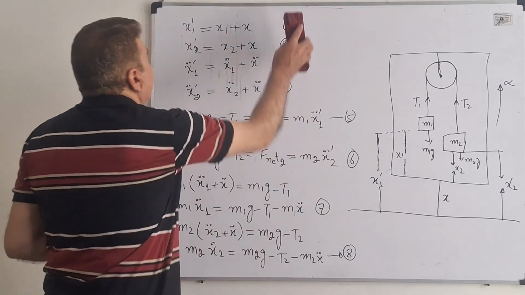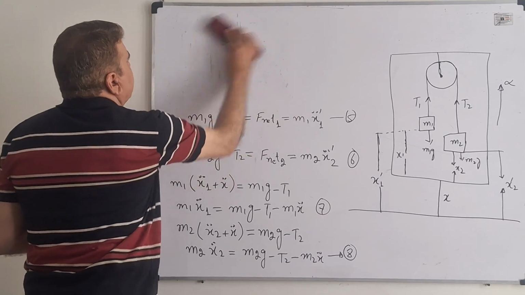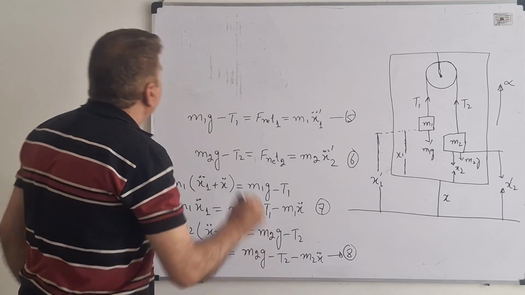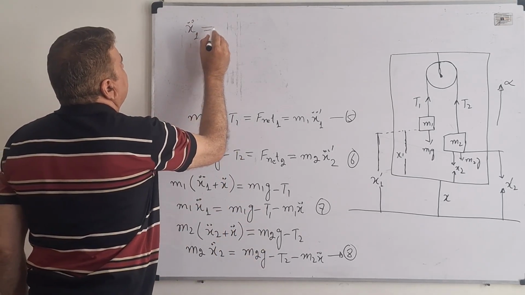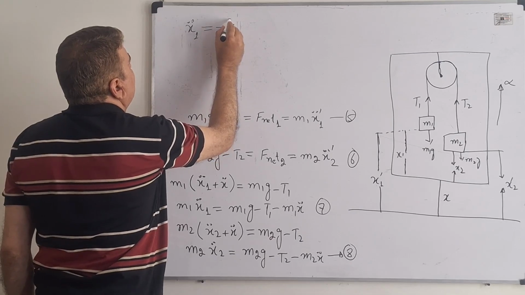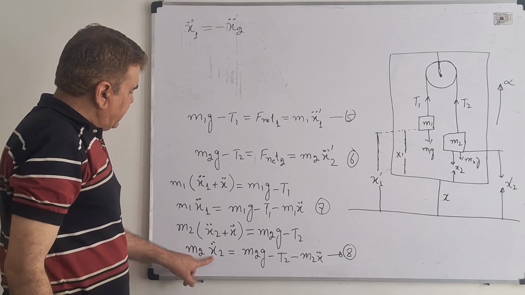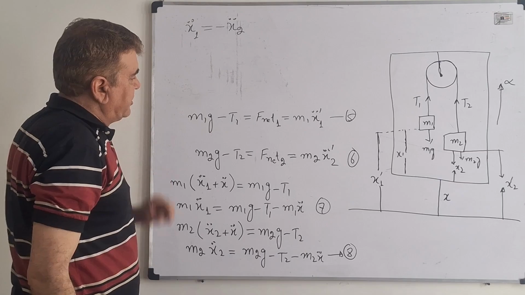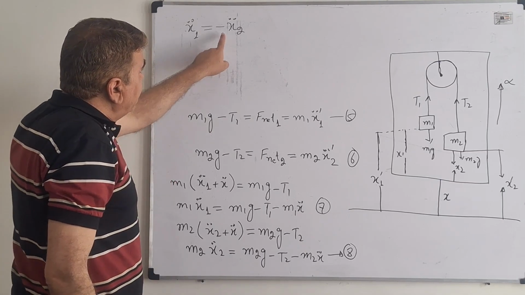Therefore, I can write a relation between these two: x double dot 1 is always opposite in direction and equal in magnitude to x double dot 2. That is, this acceleration is equal to this acceleration in magnitude but opposite in direction. I'll use this condition.